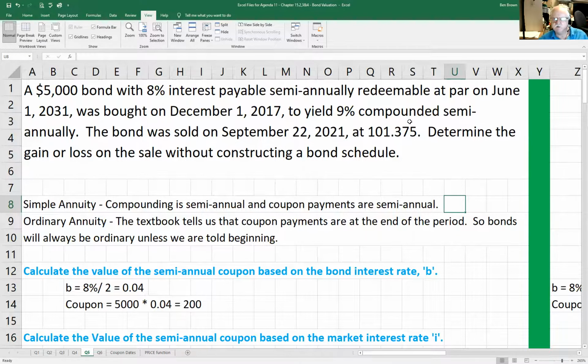And notice they've told us this weird number here at 101.375. So we have to figure out how to deal with this weird number, determine the gain or loss on the sale without constructing a bond schedule.